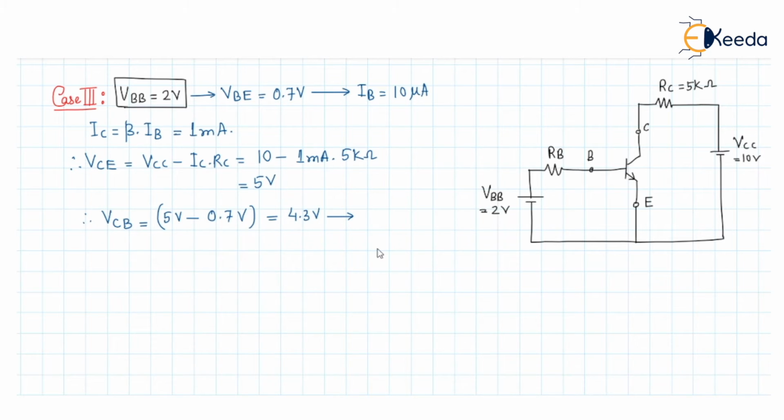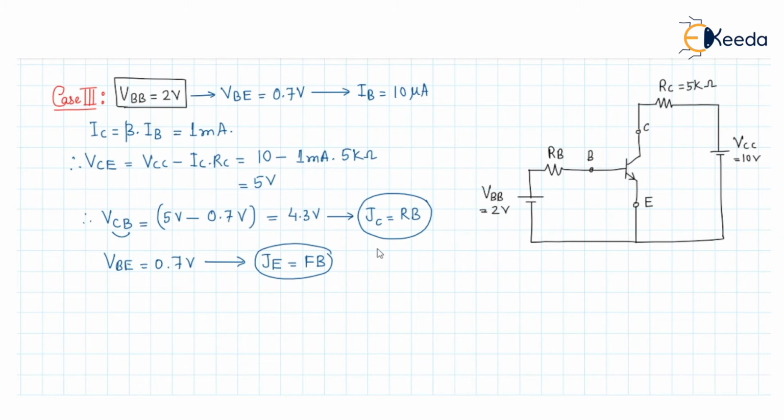Collector is at higher potential than the base, so we can say that the JC junction will be reverse biased, and since the VBE is 0.7 volt, we can say that the JE junction will be forward biased.